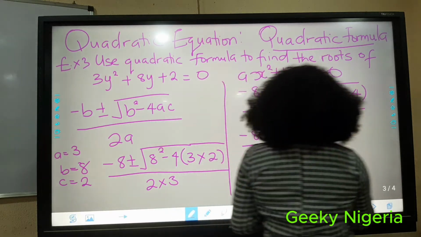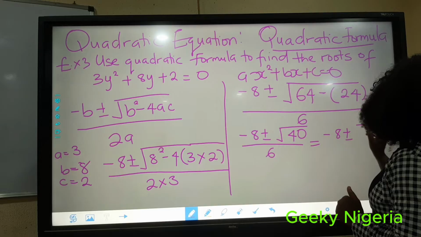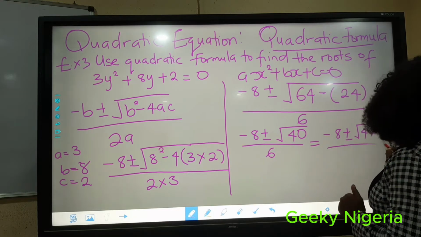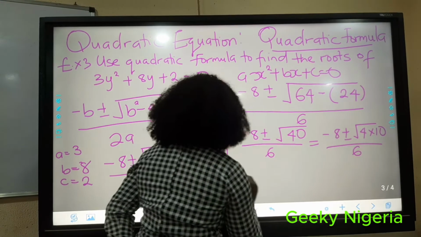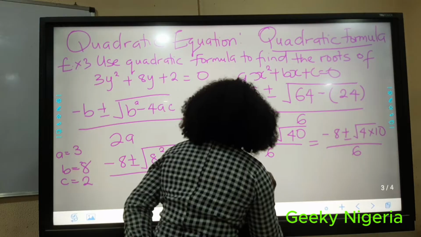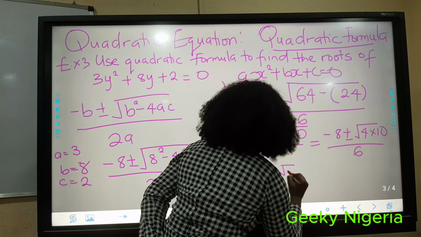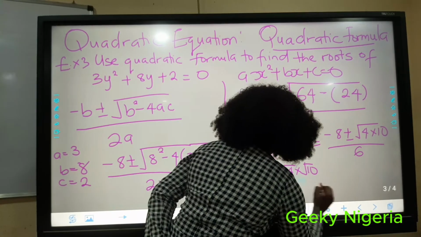So we have this as equal to minus 8 plus or minus the square root of 4 times 10, all over 6. So this now becomes minus 8 plus or minus the square root of 4 times the square root of 10, all over 6.